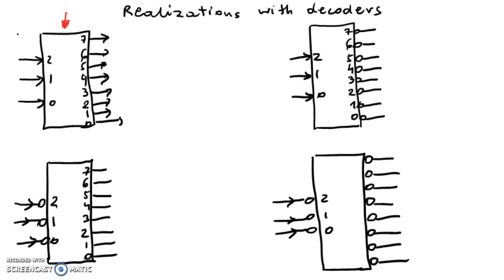So if you put the variables, let's call them A, B, C, you would get on the corresponding outputs the min-terms of the same indexes as output indexes. So M7 is available here, M6 is available here, and so on, M0 here.